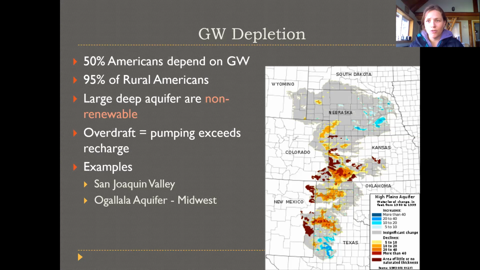A lot of times people use the analogy of, if you have 50 straws in a milkshake and everybody's taking a sip, it's going to go down really fast compared to if you just have 1 or 2 straws in the milkshake. This is kind of what we're seeing in a lot of these places, like over the Ogallala Reservoir, or over the Sacramento or San Joaquin valleys in California.